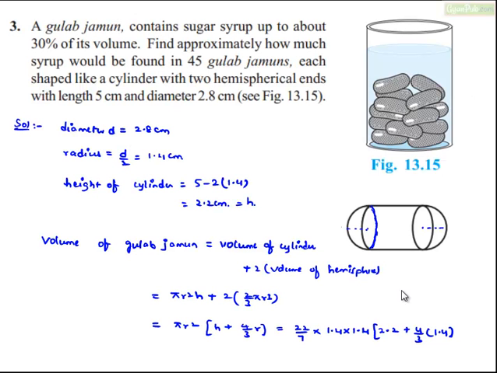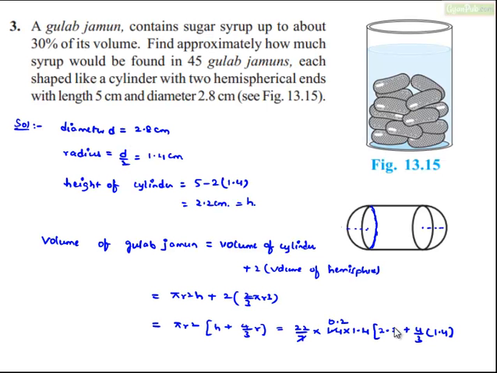which is equal to, here 7 goes in 1.4 0.2 times, that is 22 times 0.2 times 1.4 times 2.2 plus 4 by 3 into 1 by 4, that is 4 times 1.4 is 5.6.